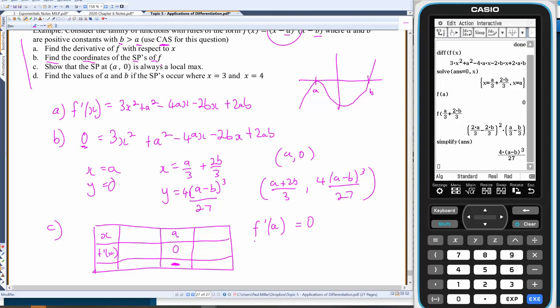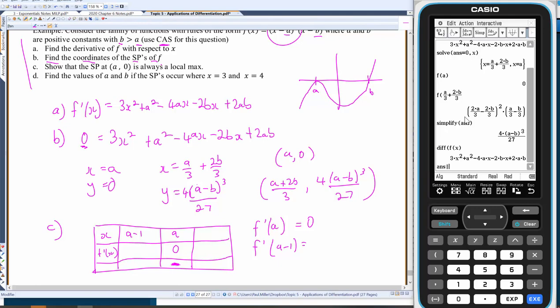Now what I'm going to do is choose a point to the left of A. And A is first, so I'm just going to say that my next point is going to be A take 1. So that's a point to the left of A. So f dash A take 1. I'm going to go over to my calculator, grab the derivative again, so I'm going to diff it.